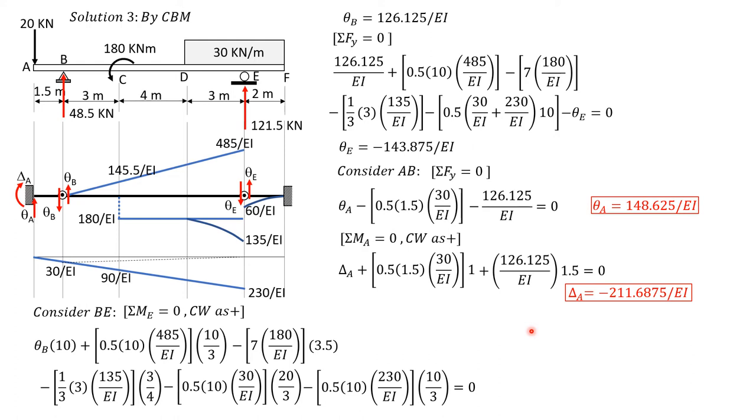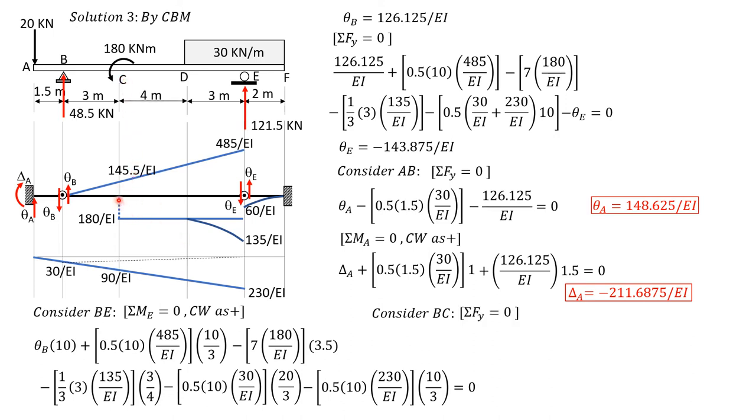So let's now consider EF. So we put theta F, which is down, and delta F to be assumed positive counterclockwise. Consider BC first. Sorry. Let's solve for theta C and delta C.